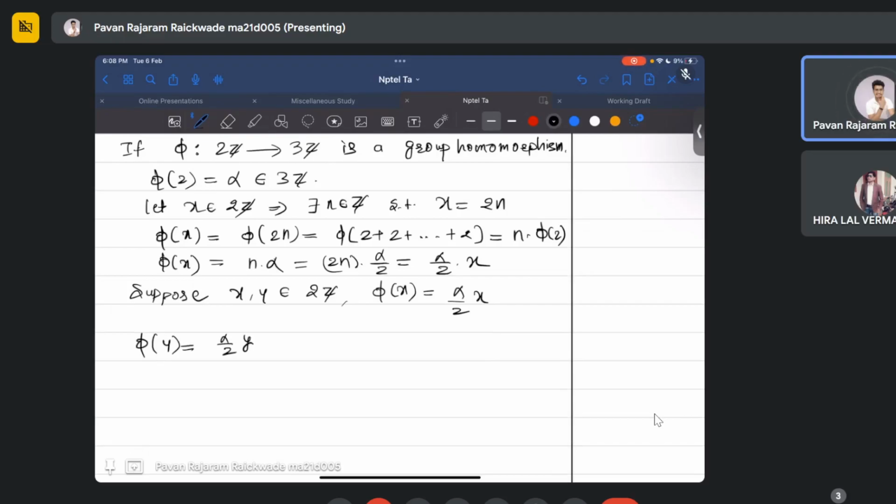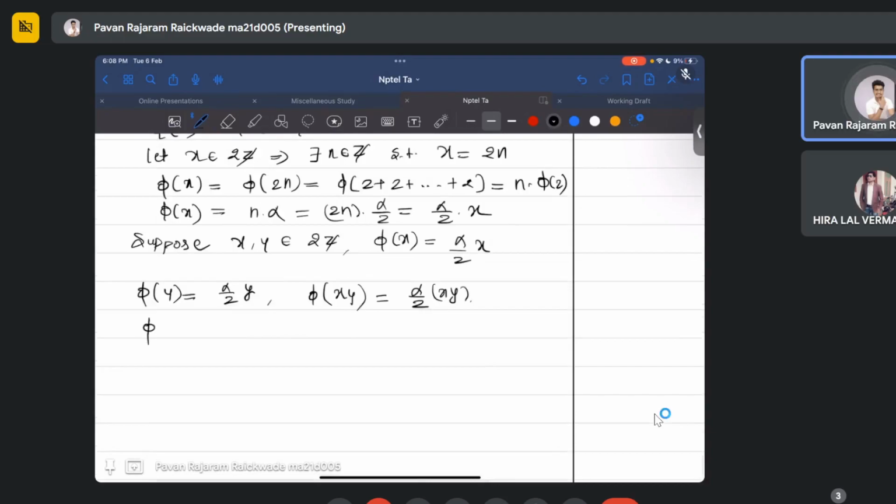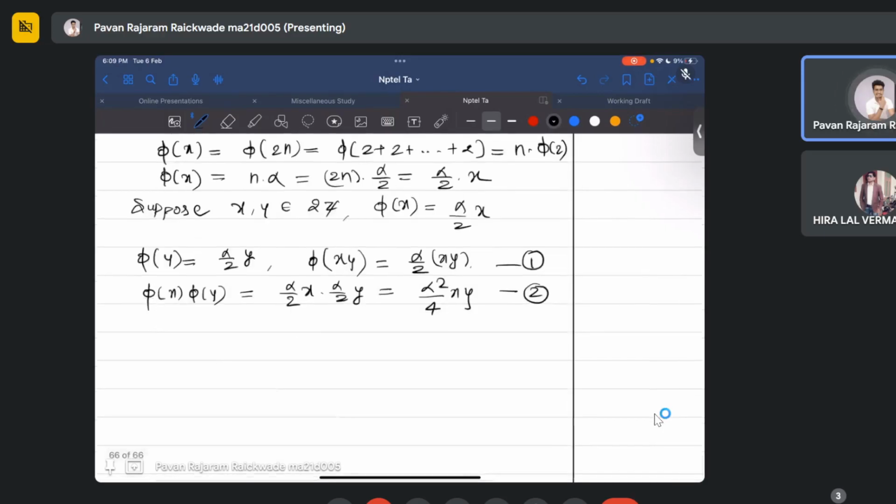Now phi of xy, because if x and y are elements of 2Z, xy is again an element of 2Z. Phi of xy will be alpha by 2 times xy. But if I do phi x into phi y, I get alpha by 2 x into alpha by 2 y, which is alpha squared by 4 xy. This is equation 1, and let's say this is equation 2.